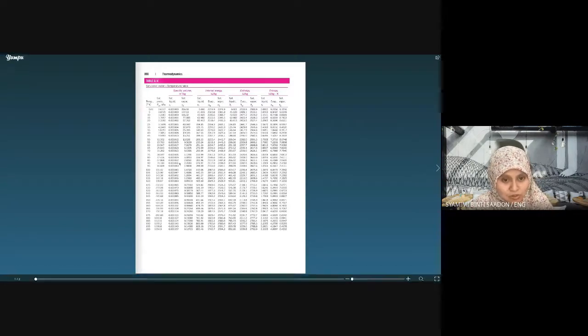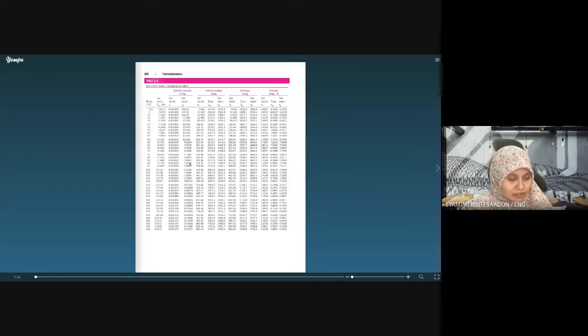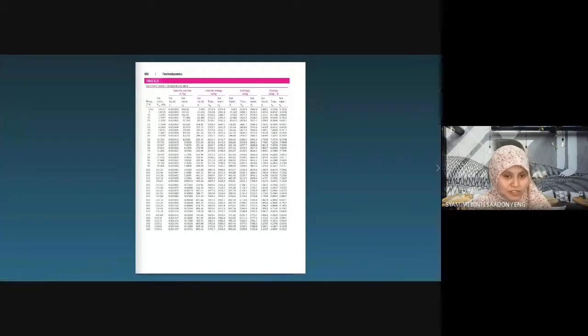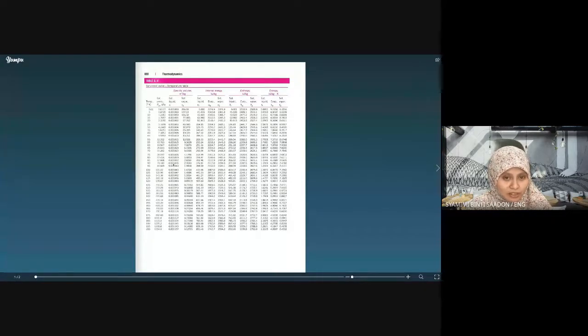So you choose this one, not this one. Read carefully the questions. Saturated liquid, so 0.001036. This is the specific volume, and we multiply this one with 50. Simple.